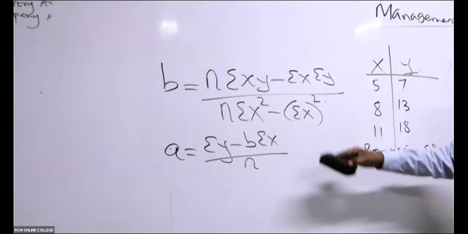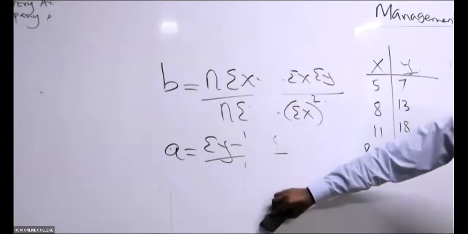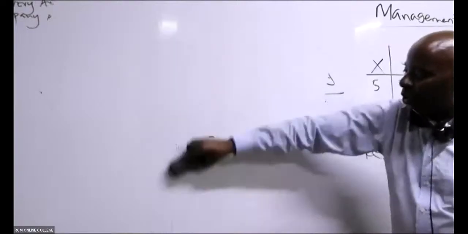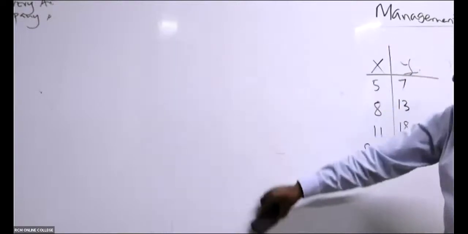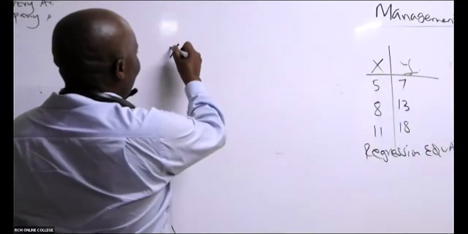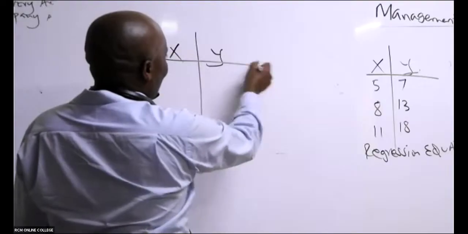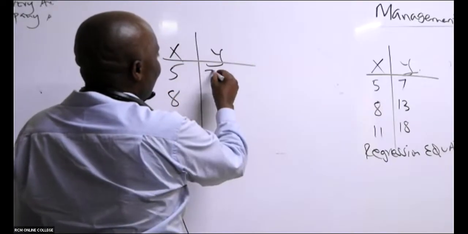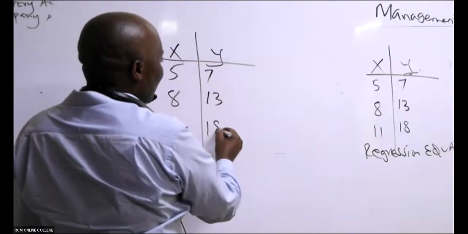All right. So we want to get a regression equation out of this. This is our x and this is our y: 5, 8, 11, and 7, 13, 18.